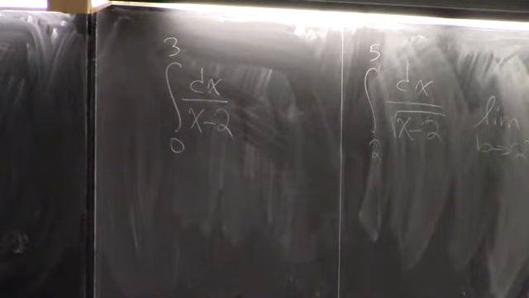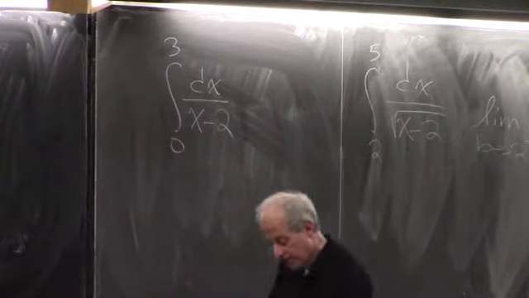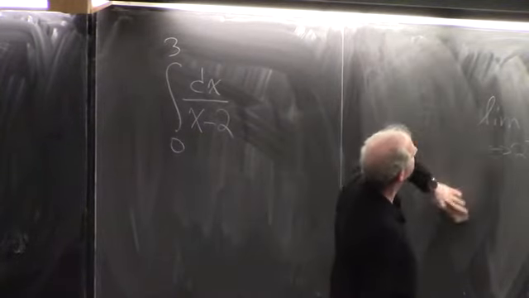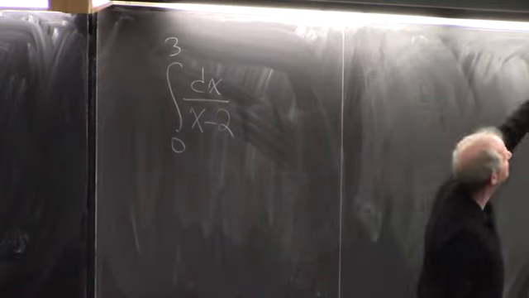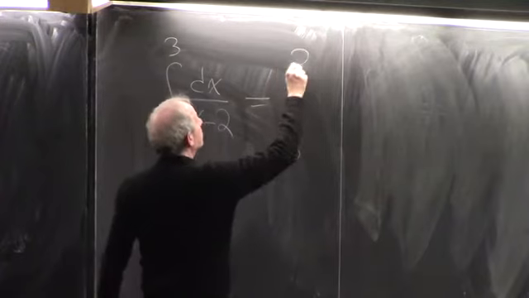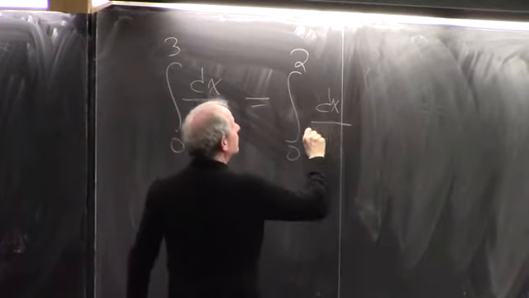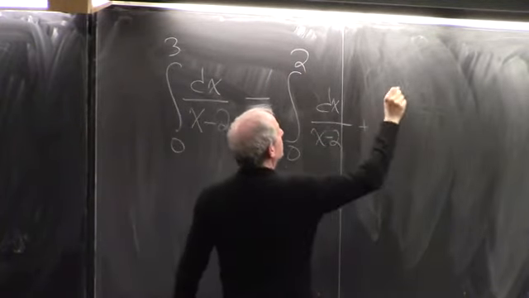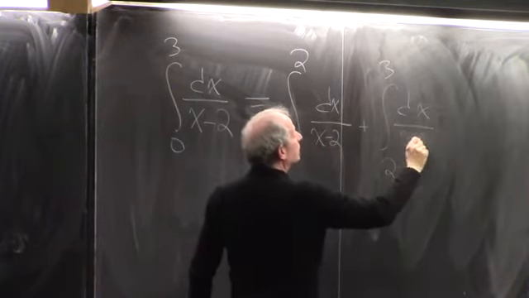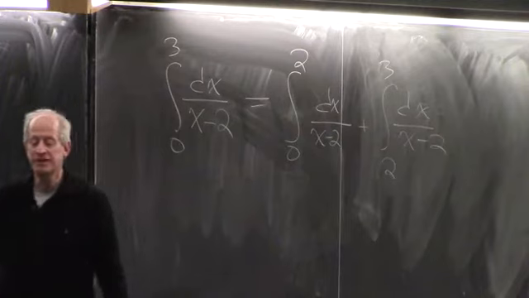The problem is 2. So what you want to do is give you a clue. You're going to want to make this... okay? That's why it's improper.